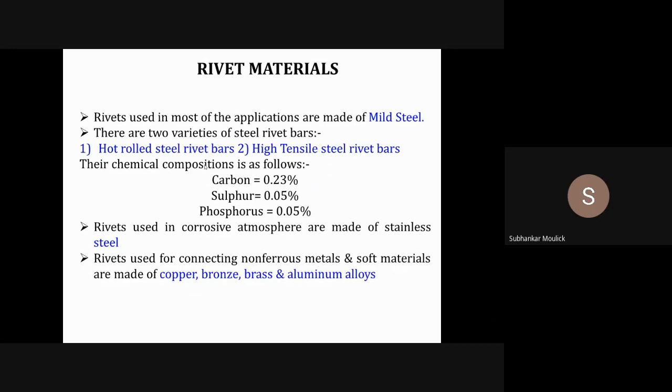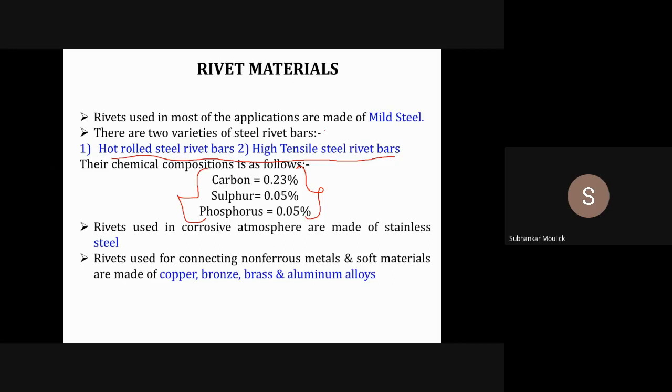They can ask you which option gives the percentage of carbon in hot rolled steel rivet bars or in high tensile steel rivet bars. You should know, so you have to remember these values. These are the chemical composition of hot rolled as well as high tensile steel rivet bars.